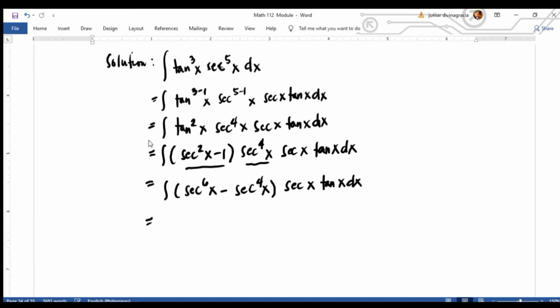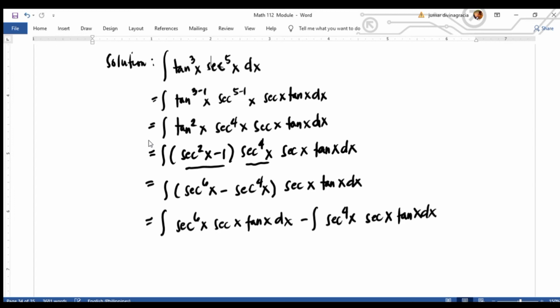So we now have the integral of secant to the sixth of x times secant x tangent x dx minus the integral of secant to the power of 4 of x times secant x times tangent of x dx.